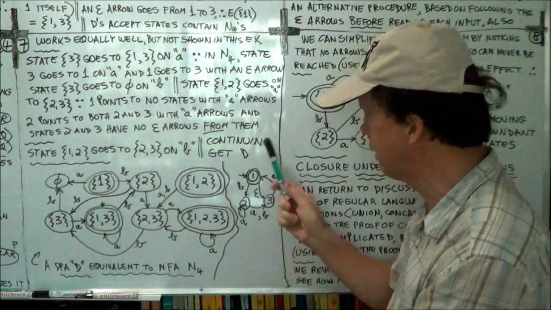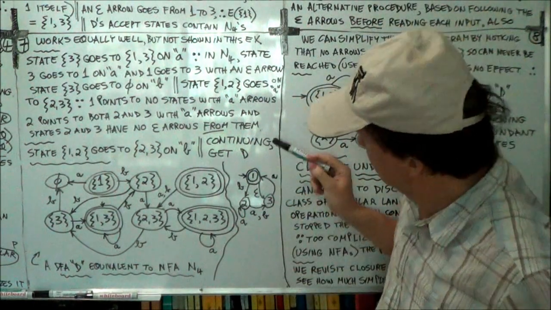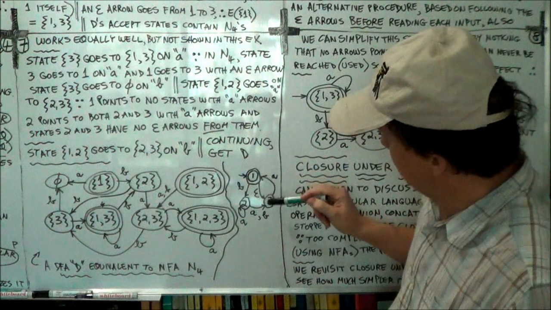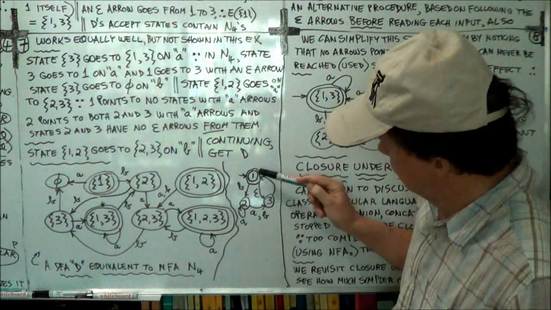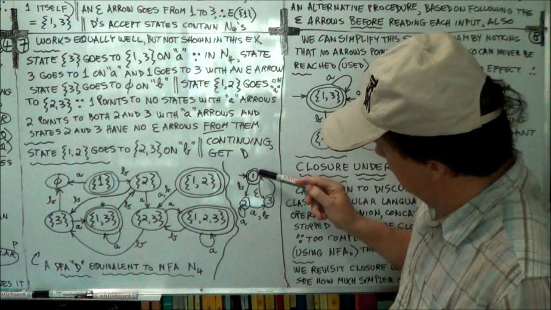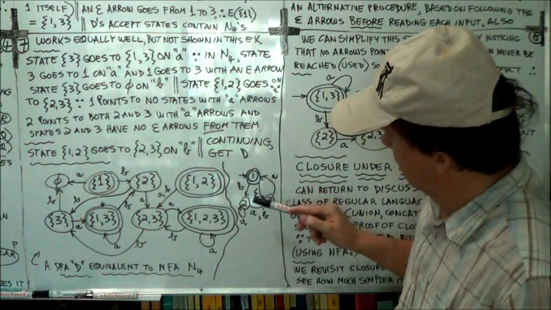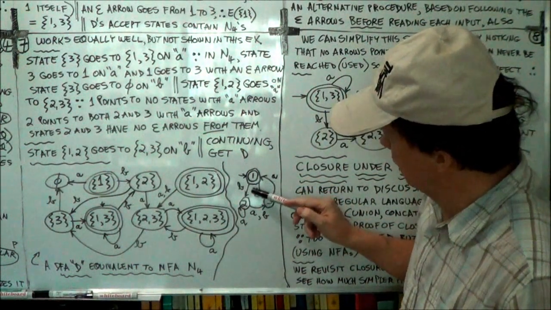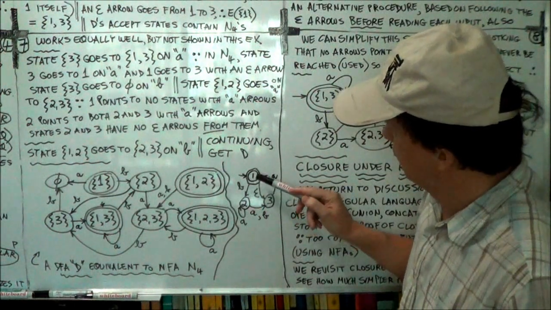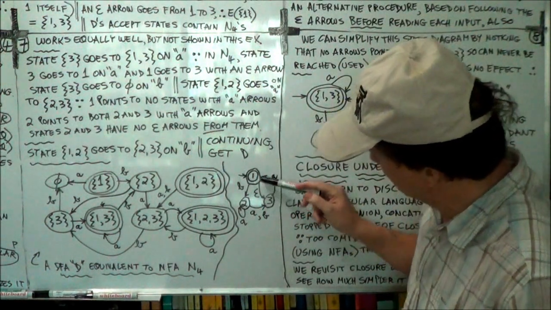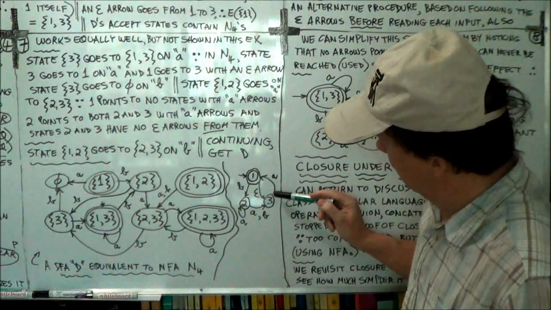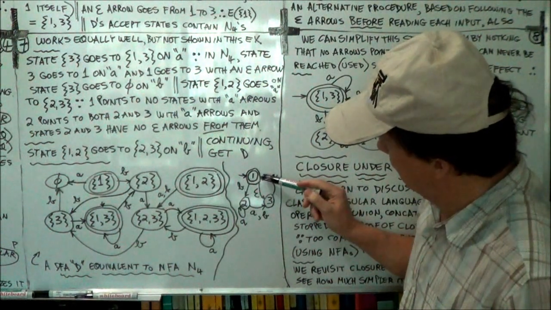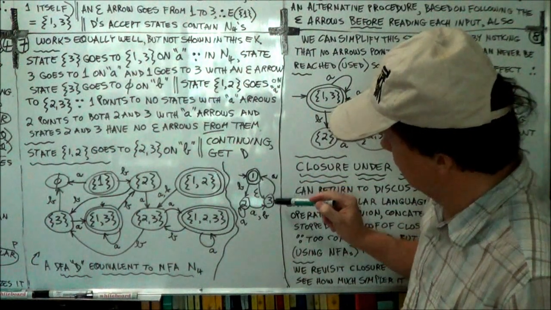Well, let's use this diagram. State 1, an A goes in. State 1 dies, because there's no output labelled A. But there is an eta, so it goes immediately to state 3.